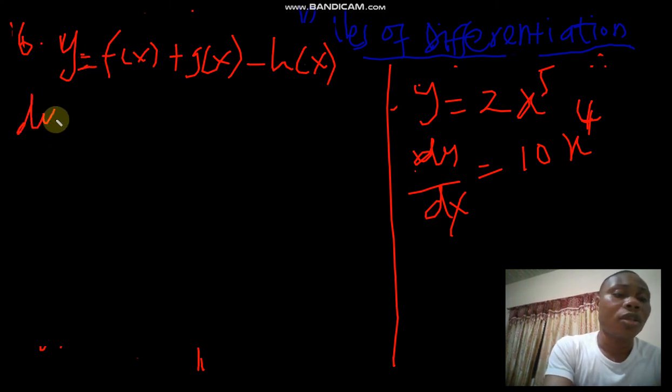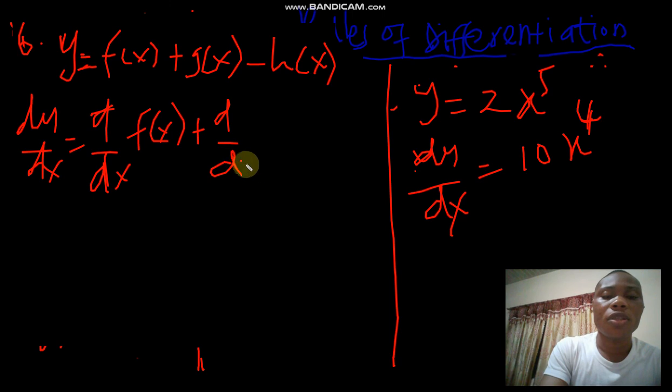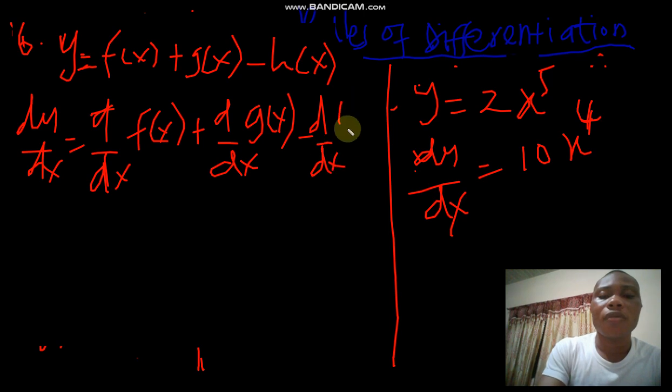So my dy/dx will just be d/dx of f of x plus d/dx of g of x minus d/dx of h of x. Right. So I'm differentiating them one by one.